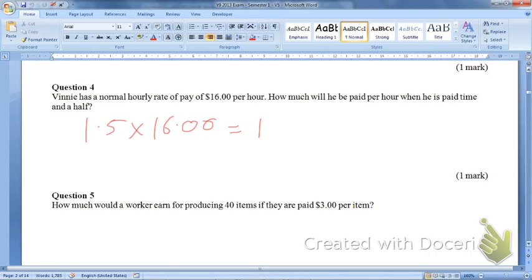Well, 1 times 16 is 16, and half again of 16 is 8. 16 plus 8 is 24. Okay, keep it simple. Think it through carefully.